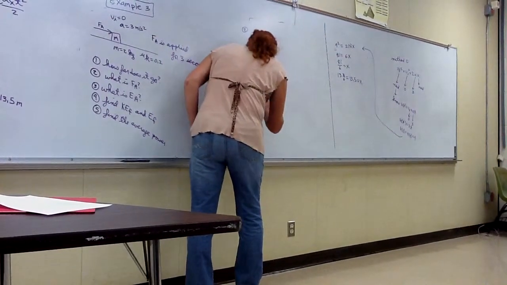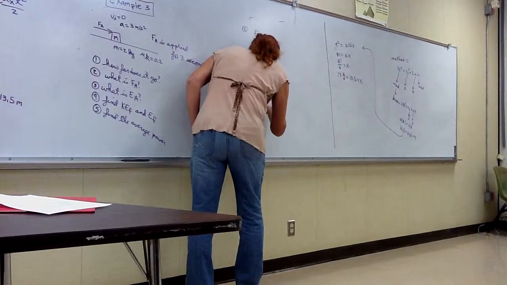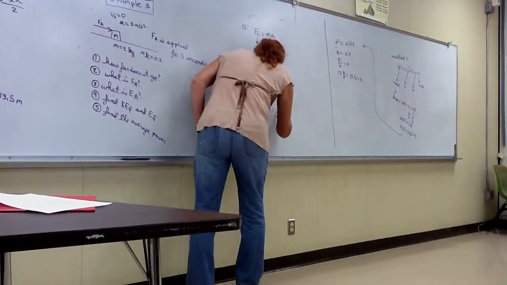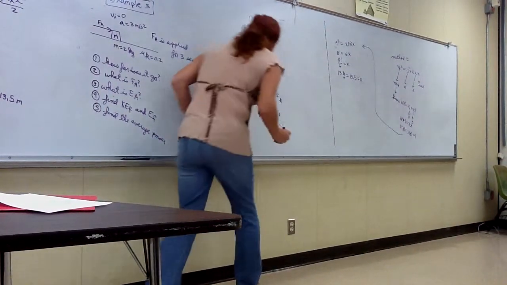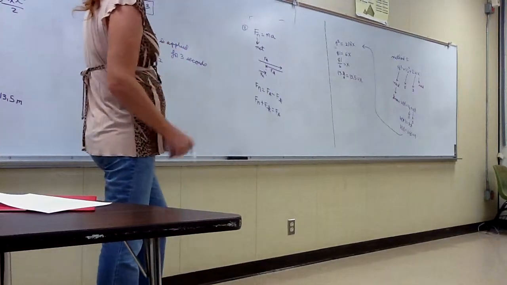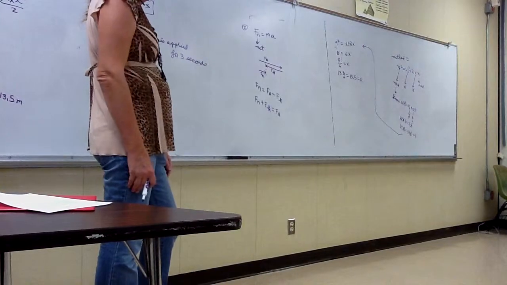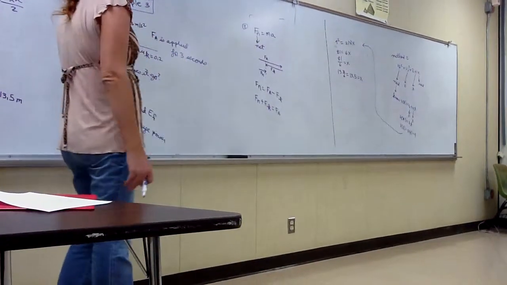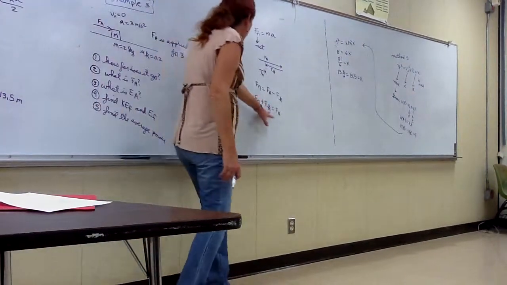So in other words, we can solve this: the net force plus F sub k is equal to the applied force. In other words, the applied force has to overcome friction and then accelerate the mass by supplying that net force to it. And that's everything that's left over after it overcomes friction.